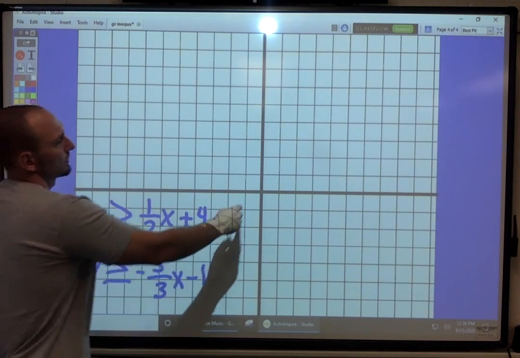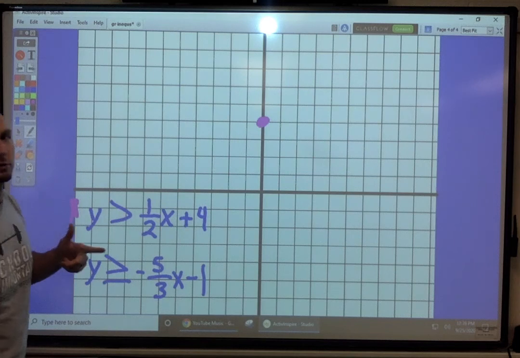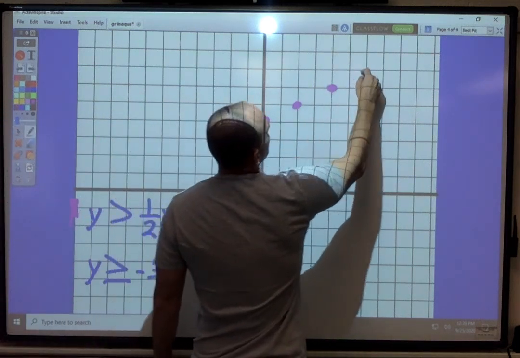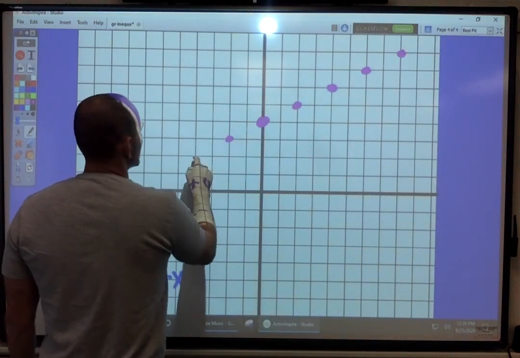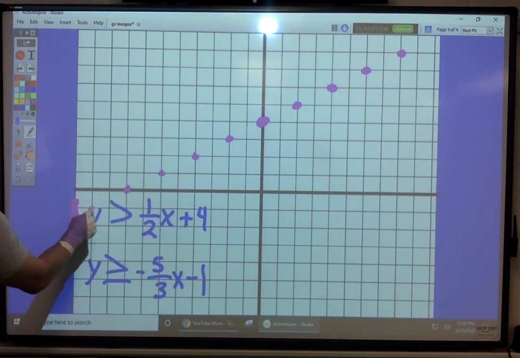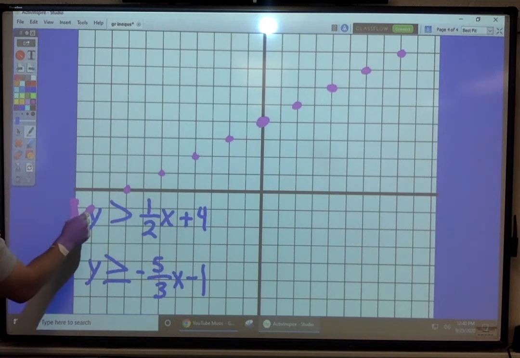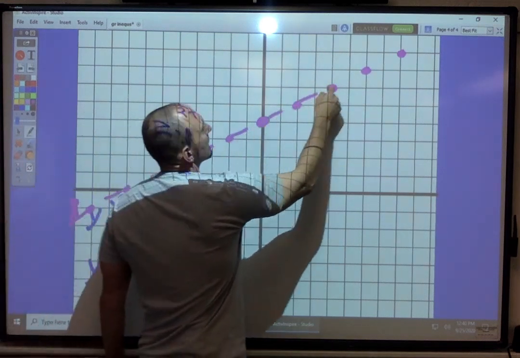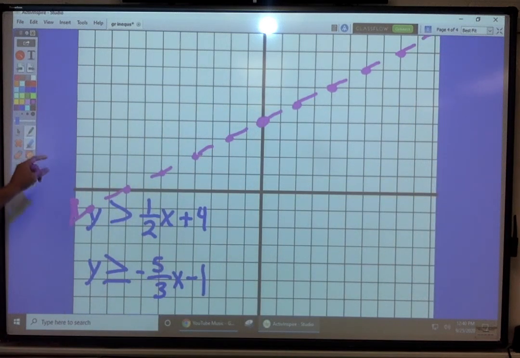So start at 4. 2, 3, 4. Up 1 over 2. You know this by now. I hope so at least. And it's a dashed line because it's not equal to. Okay, so now we shade.